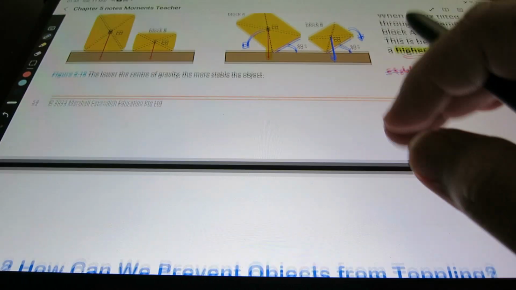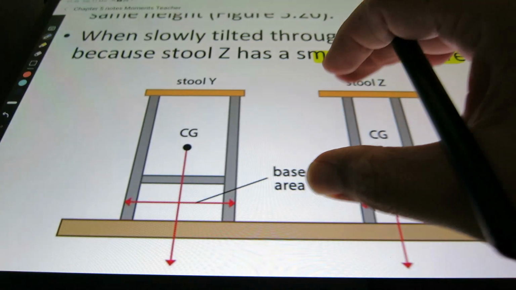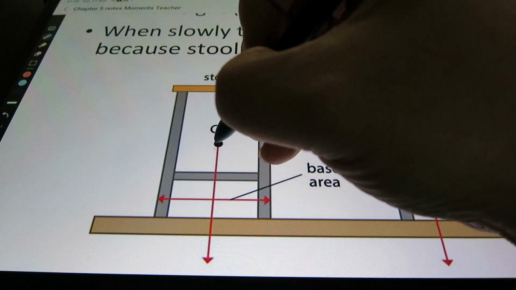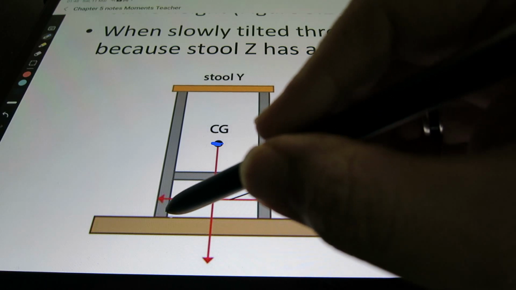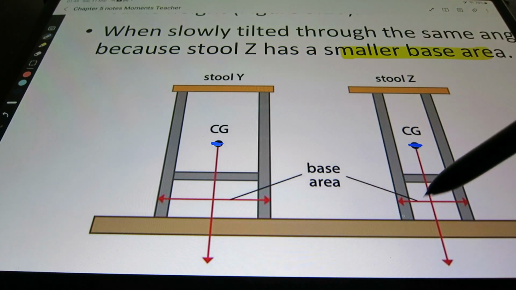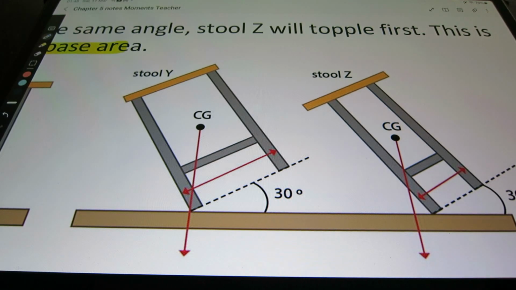Alright, base area. If I have 2 stools, both at the exact same height of CG, but one of the stools has a larger base area compared to the other, then it depends on how much I rotate it.